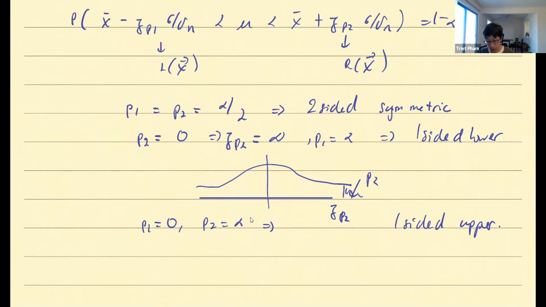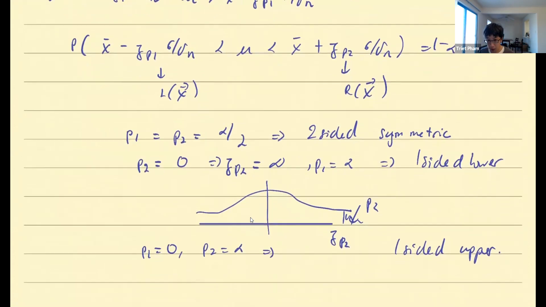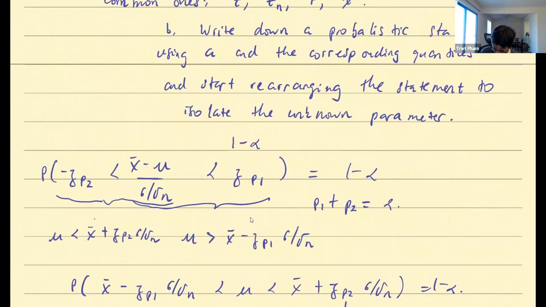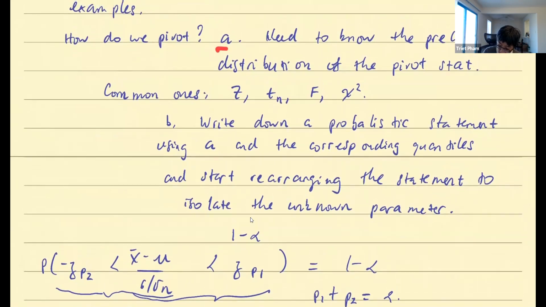Okay, so this brings me to the next point. This is capturing the pivot random variable technique, and this will be the way I present it for all the confidence intervals that we'll encounter later.